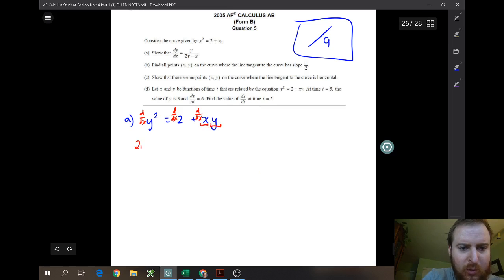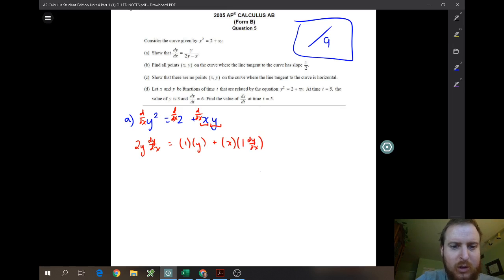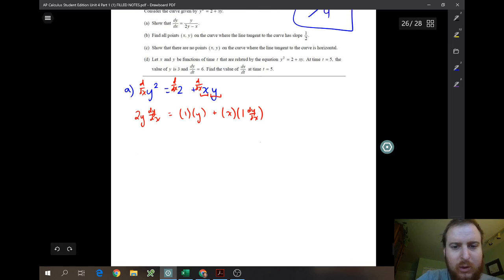So we're going to get 2y dy/dx equals, that's going to go away to 0, and this is going to give us 1 times y plus x times 1 dy/dx. All right, we didn't put dx here because we just don't have to. It's the same variable. So I'm going to move everything with the dy/dx to the left side.